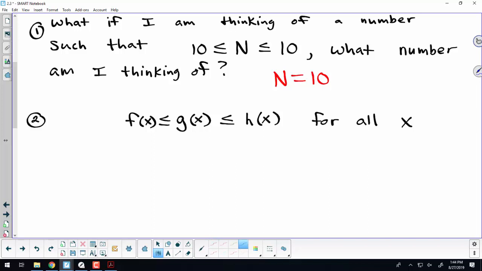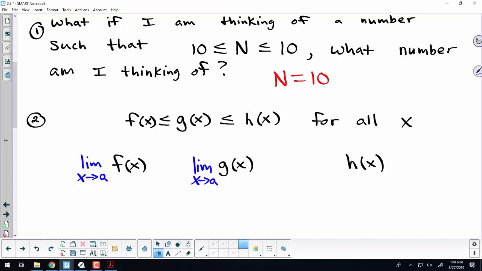So if I know that's true, let's compute the limit as x approaches a on all of these functions. So x is approaching just some random number.